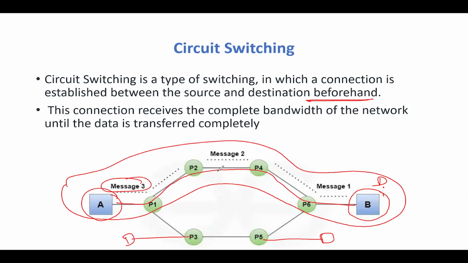In olden days, this used to be used, especially for telephone calling. You would call a particular operator and they would set up a connection, and that connection cannot be interrupted. Once a person completes communication, then only that particular network can be used by others. That is your circuit switching.